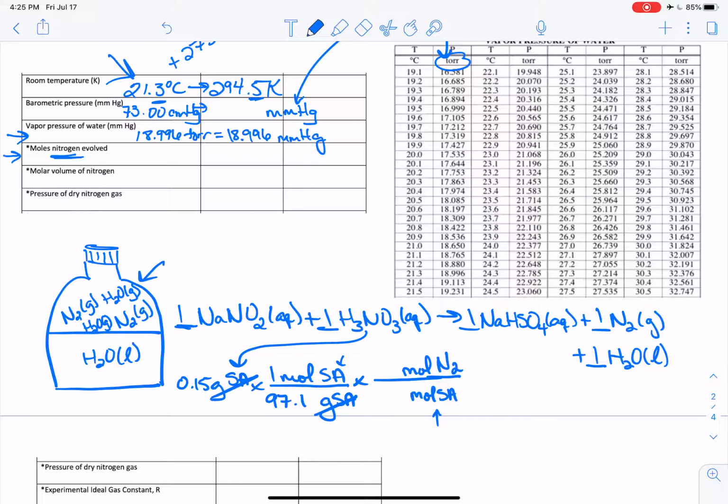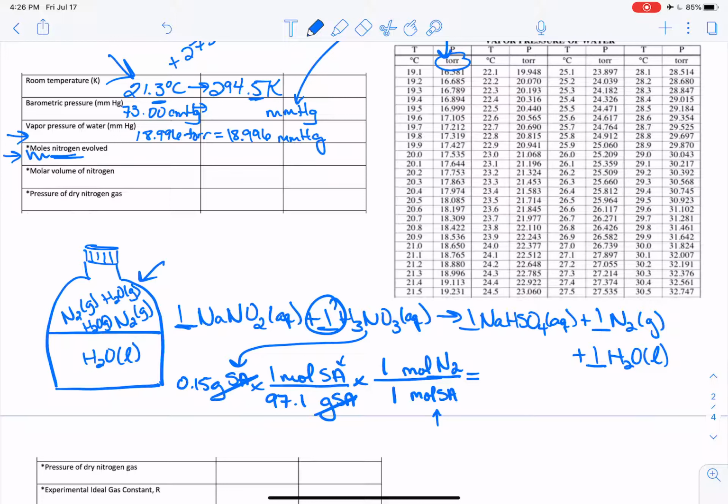I get them right off of the balanced equation, and we've practiced this before. So for every 1 mole of sulfonic acid that you react, you're going to produce 1 mole of nitrogen. And you don't need to go all the way through to grams on this one because you're just trying to see how much is evolved so you can figure out which one is the limiting reactant. And the answer up here, or the line up here, only asks you for moles.